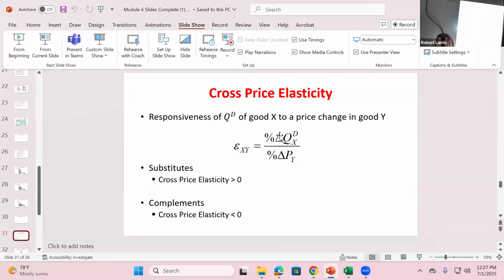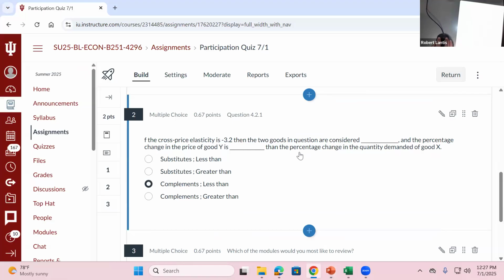So remember, for this cross price elasticity, if this fraction is greater than 1, the percent change in the quantity demanded is greater than the percentage change in the price of the other good. So the percent change in the price of good Y must be less than the percentage change in the quantity demanded of good X. I'm just saying this in a different order.